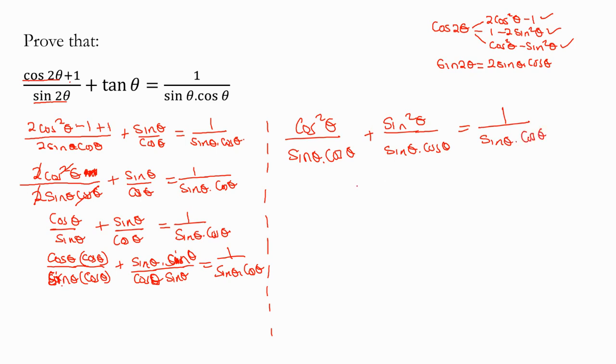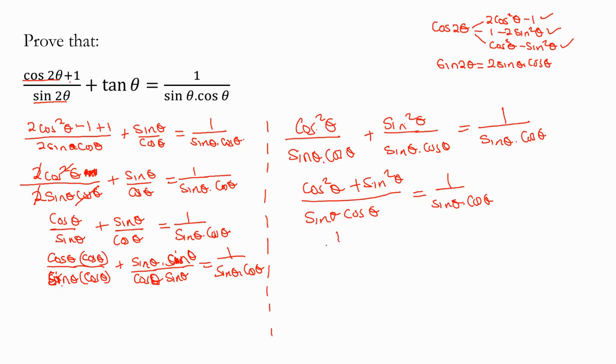So cos squared theta plus sine squared theta over sine theta cos theta is equal to 1 over sine theta cos theta. Okay, and then what is cos squared theta plus sine squared theta? This is 1.